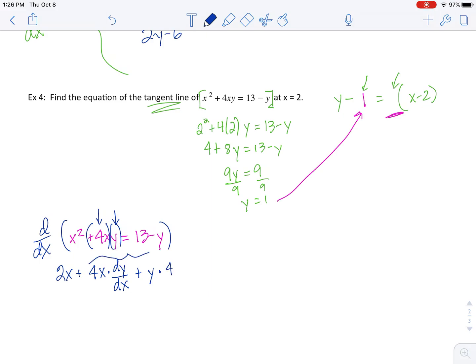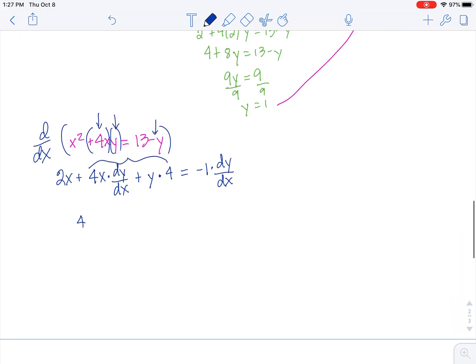So all of this is my product rule. And then equal to -1, because that's the slope of this one term, -1 times dy/dx, because it's the wrong variable. Then I'm going to solve and get all the dy/dx's on this side. So basically I'm going to add dy/dx here so that it cancels out. Then I am going to move this term and this term, which don't have any dy/dx in them, to the other side using my opposite.